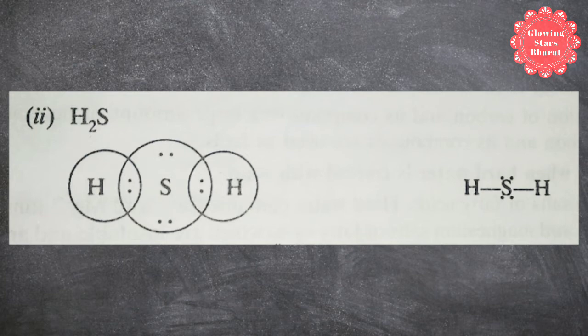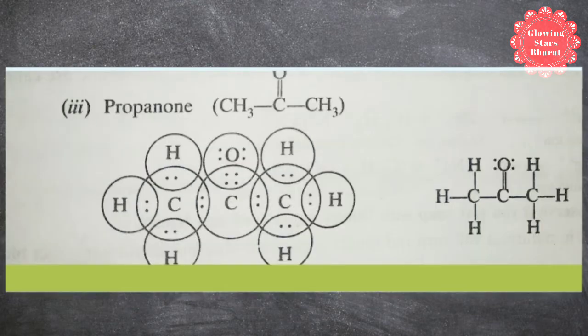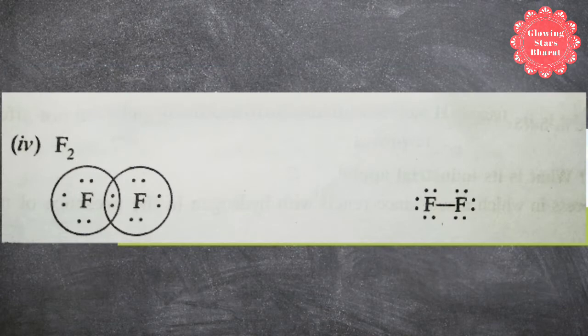See the figure of electron dot structure of H2S. This answer is very easy. Propanone, CH3 C double bond O, C single bond CH3, and last, F2, fluorine.